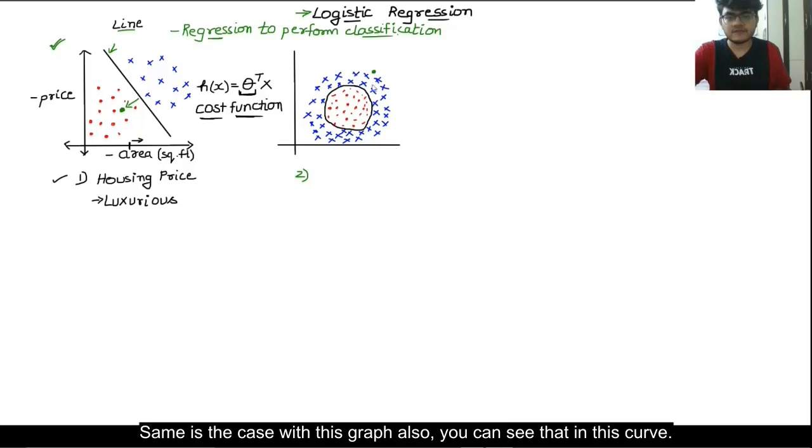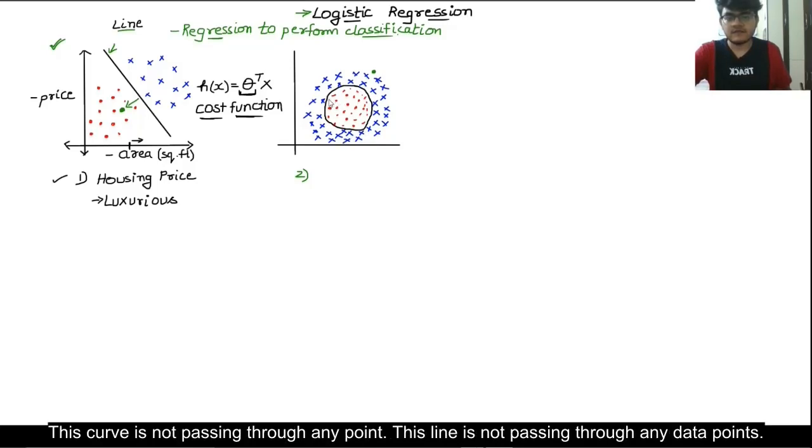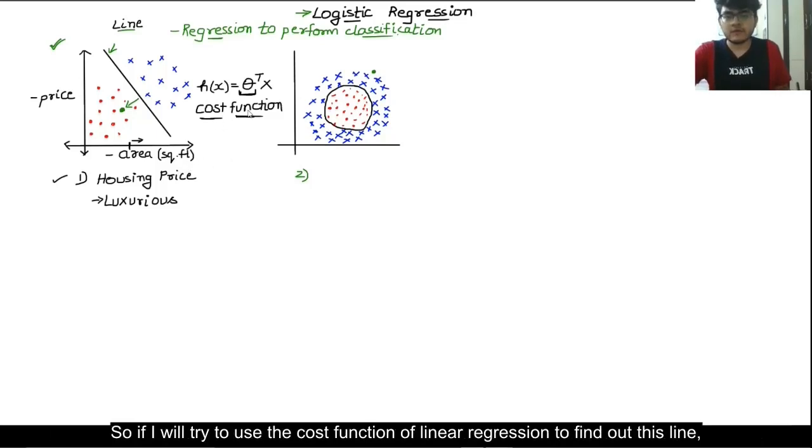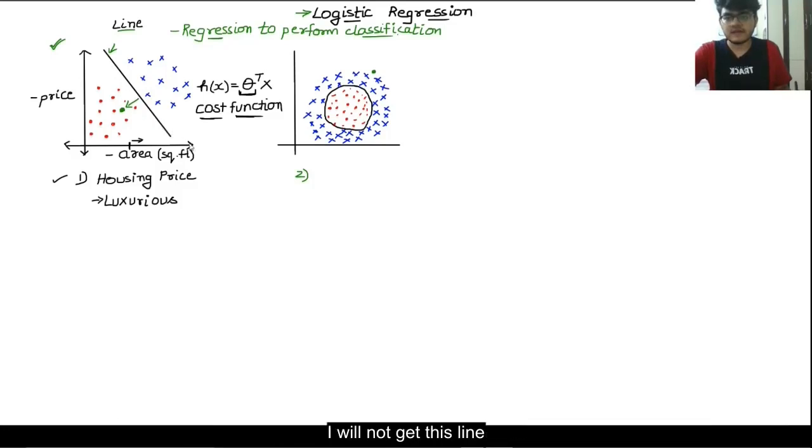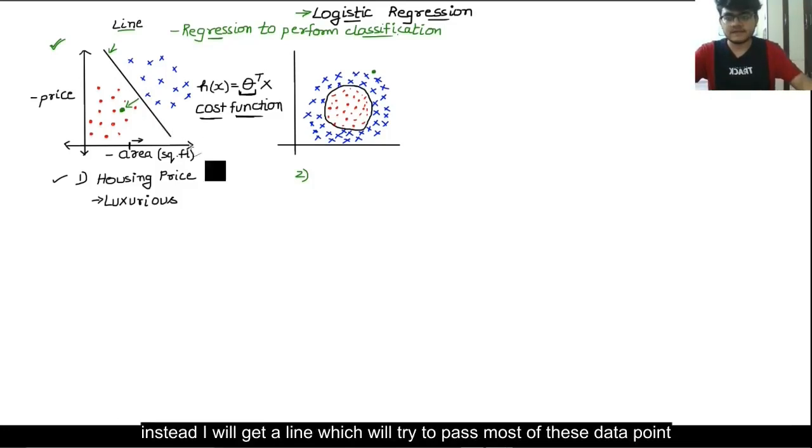Same is the case with this graph also. You can see that this curve is not passing through any point. This line is not passing through any data points. So if I try to use the cost function of linear regression to find this line, I will not get this line.